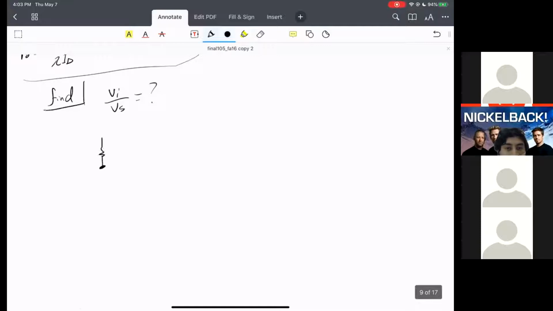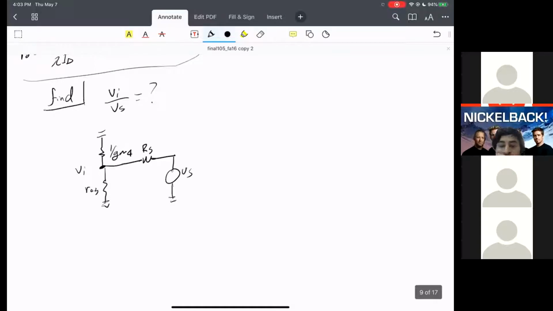And looking at this circuit, this is sort of how it simplifies down to. This is Vi. So this becomes simply a voltage divider.